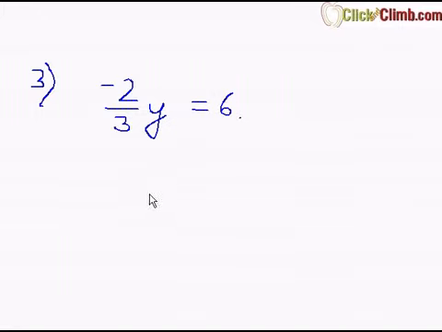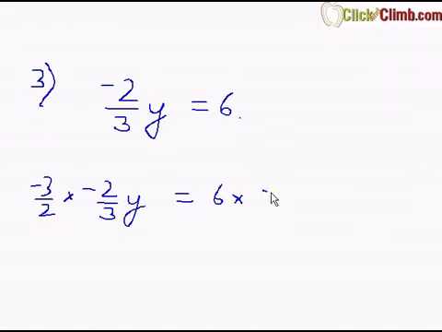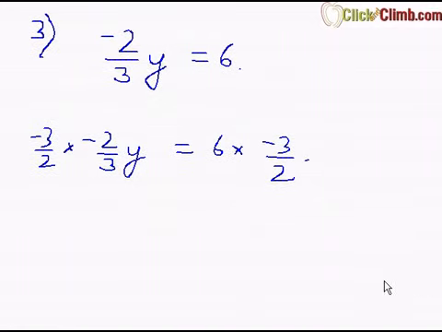We just need to multiply by its opposite. I have negative 2/3, so I multiply by its opposite, that is negative 3 over 2. So I multiply negative 2/3 times y by negative 3 over 2, and what I multiply on one side will also be multiplied on the other side. So I have 6 times -3 over 2 on the other side.